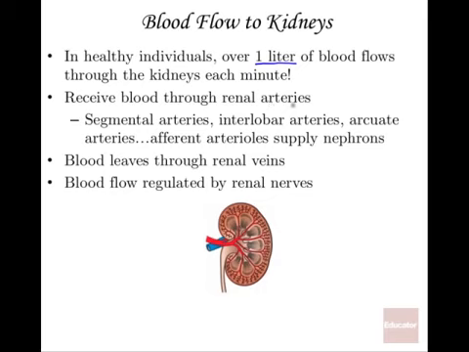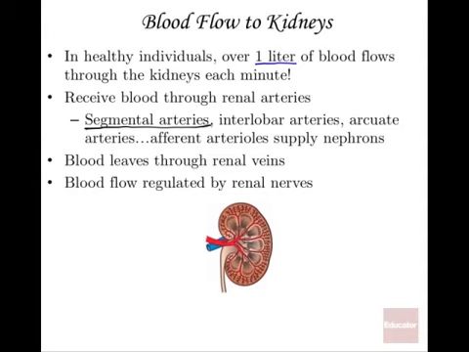They receive blood through renal arteries. The term renal always applies to the kidneys. So here are these different parts. The segmental arteries are right here. The segmental arteries branch off of the major renal artery into the kidney.